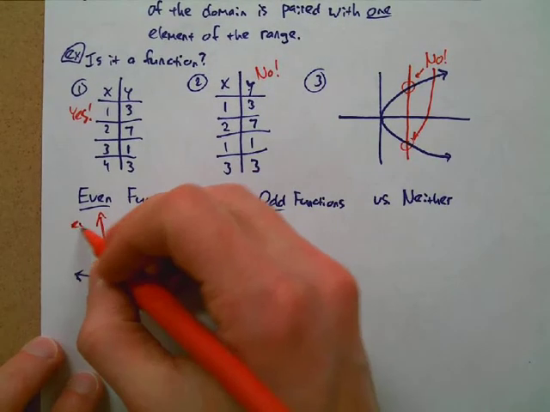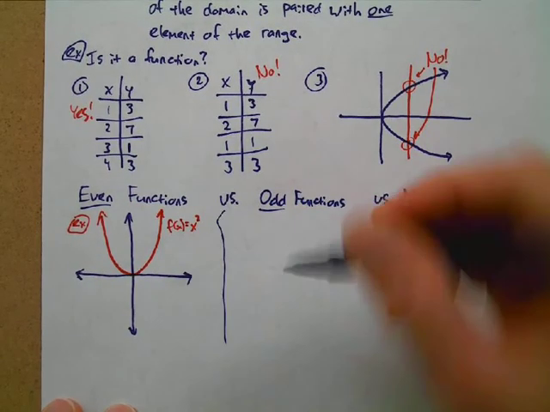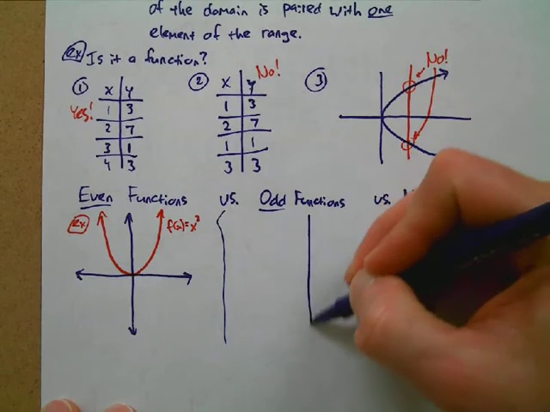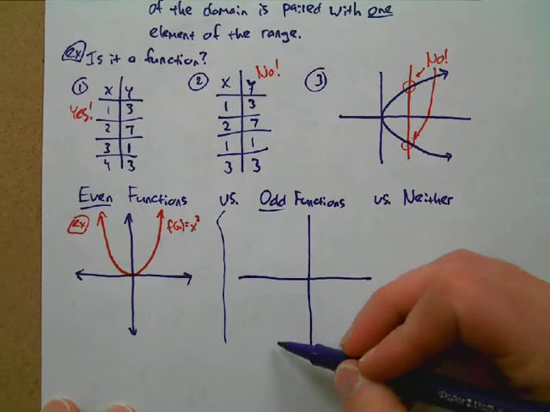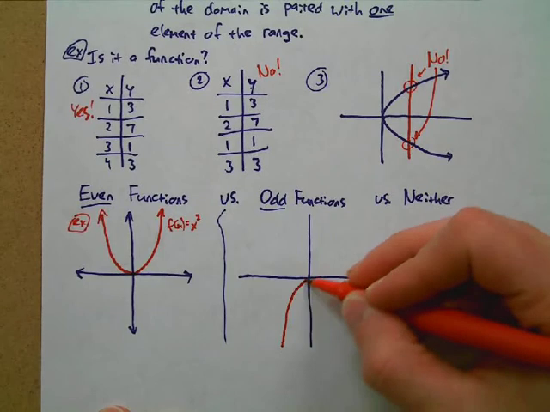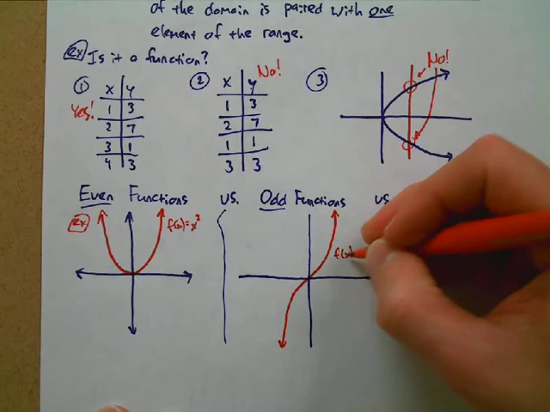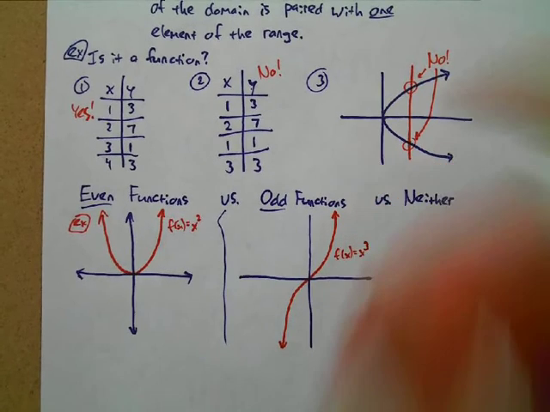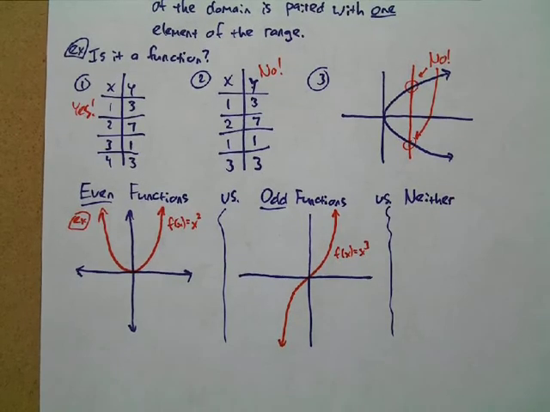This is not the only even function there is. Odd functions. Well, a classic exemplar of that would be the cubic function. And I'll get to the neither here in a second.